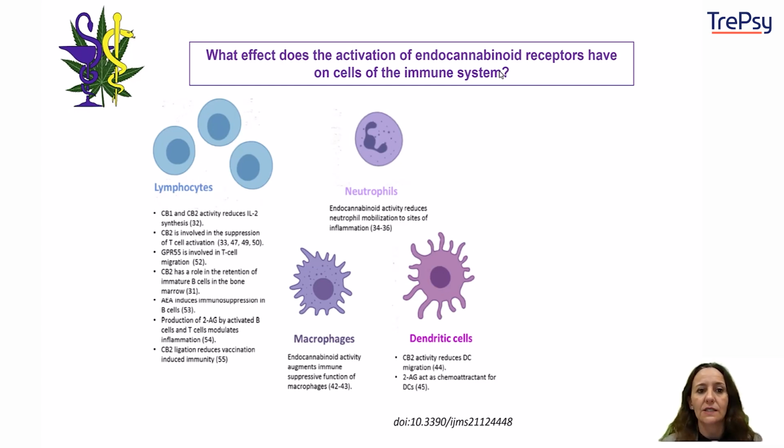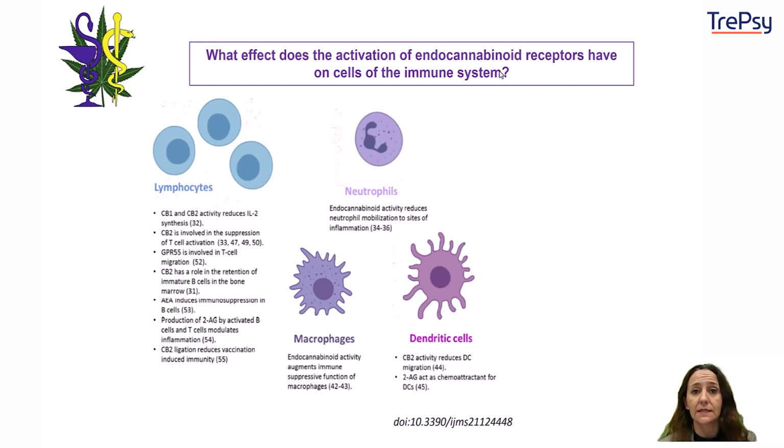IL-2 is a very important cytokine for proliferation of T cells, and the presence of these receptors indicates that cells are not going to divide and proliferate as well as if the receptor was not present in these cells.